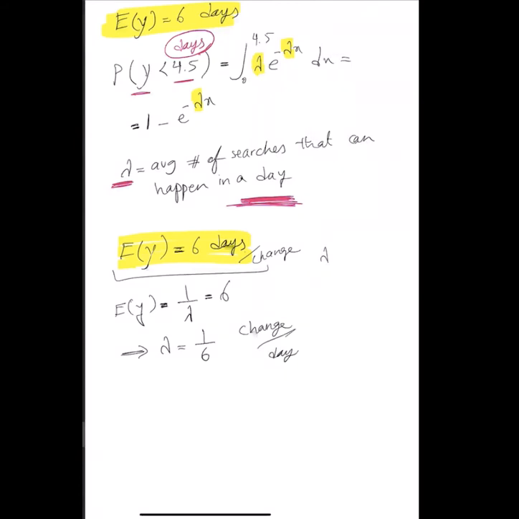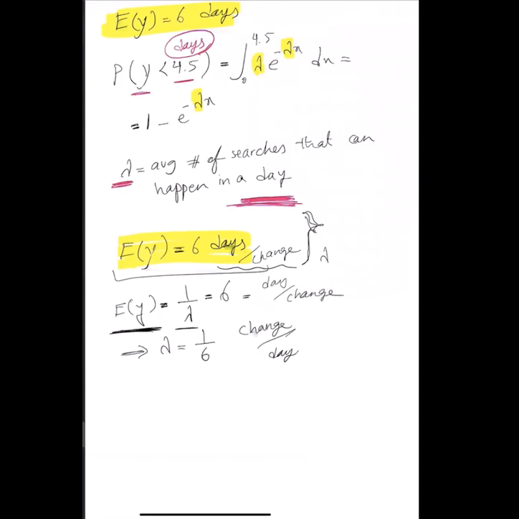And here when I look at the expected value of y, or average time till next change, it's 1 over lambda, so the unit will be inverse too. This is 6, the same unit that I wrote here: 6 days for each change.